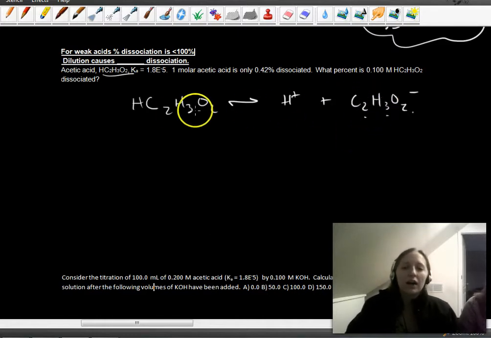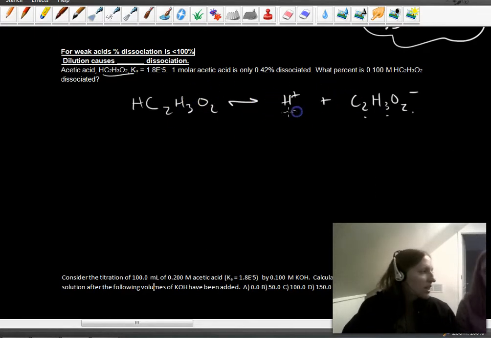It drives me insane. So when you have a dilute solution, you don't have that much of this in the concentration. But when you have a concentrated solution, you've got more H pluses. And when you've got more H pluses, that drives it left. And so you end up with less dissociation when there is a higher concentration.